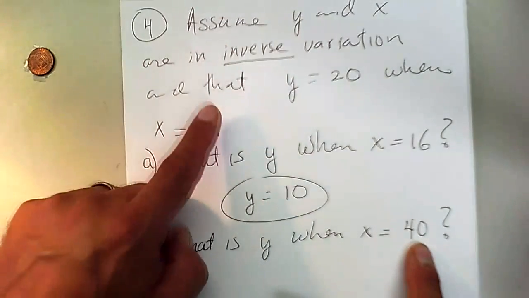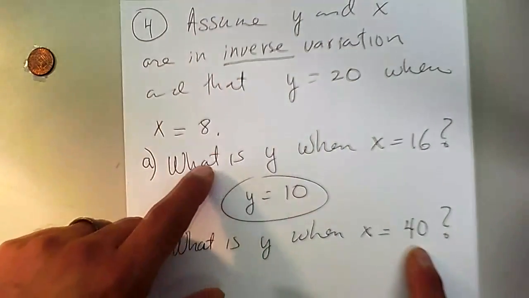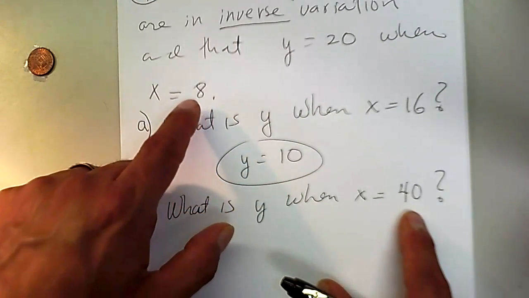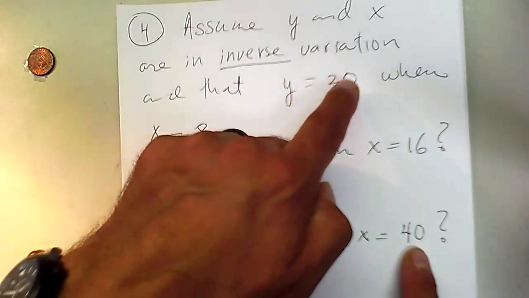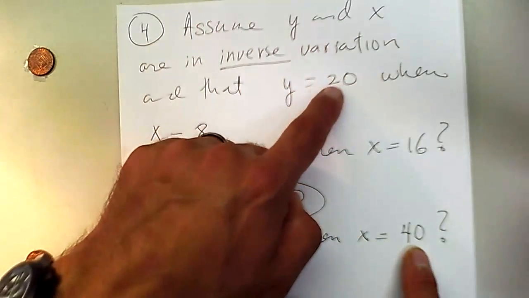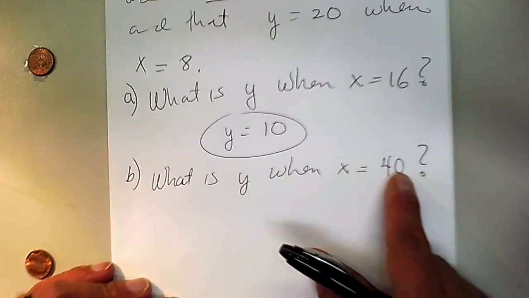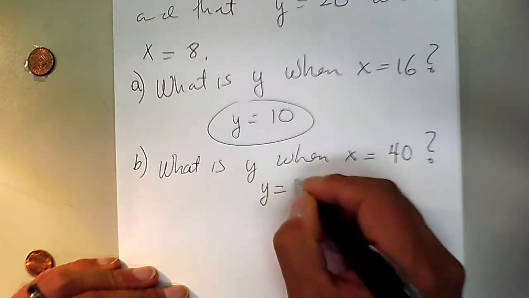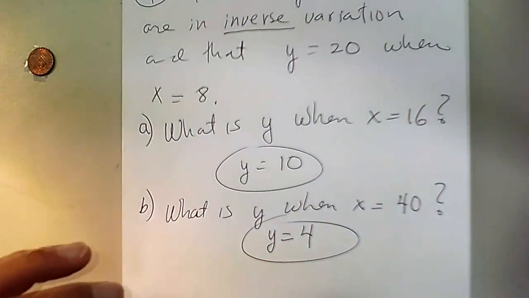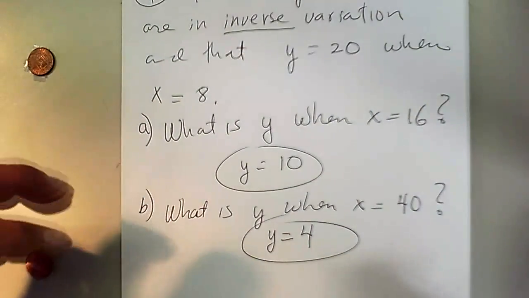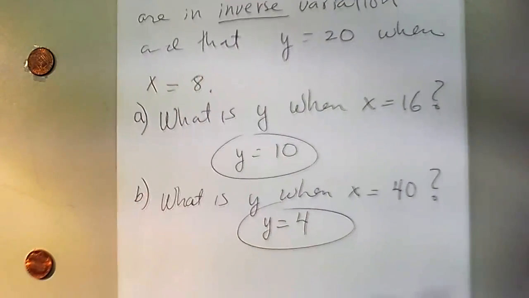But no, don't do that, because we are in inverse variation. So since we multiply by 5 to get from 8 to 40, what we have to do is divide by 5 the 20 to get down to 4. So when x equals 40, y equals 4. There. So the idea is when we multiply on one, we divide on the other.